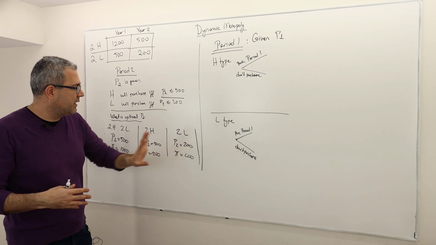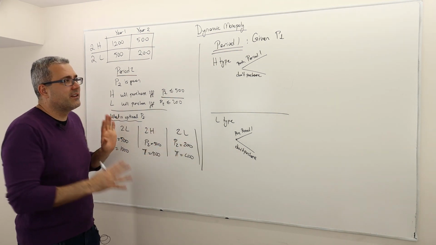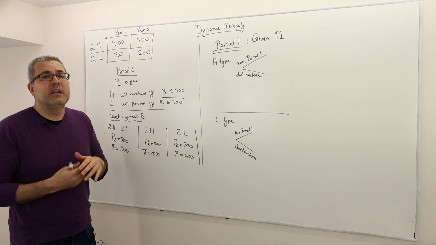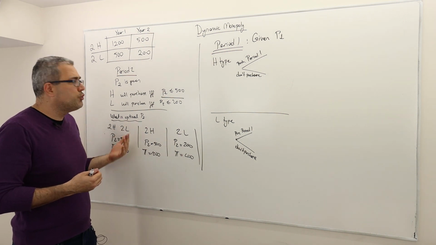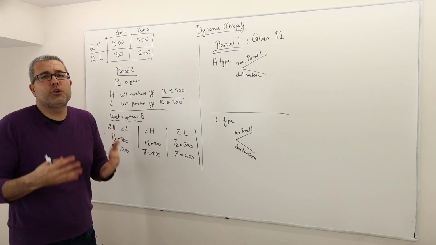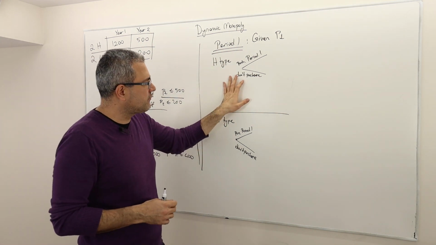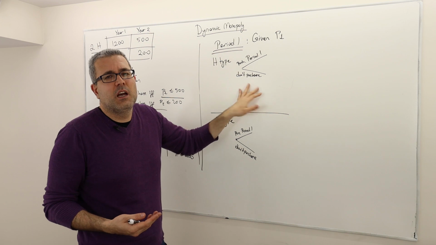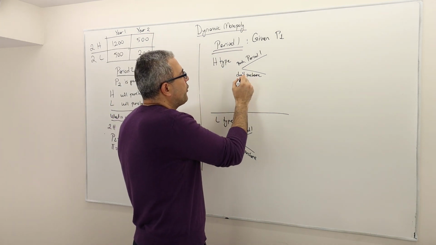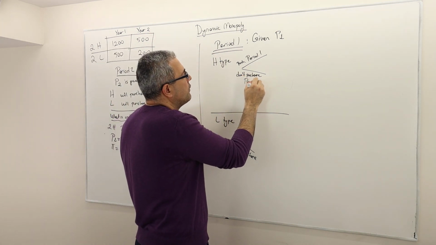So whether the scenario is this or that doesn't matter. In the second period, in equilibrium, the high type consumers will certainly buy this product.